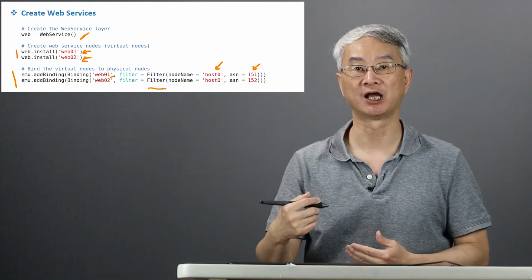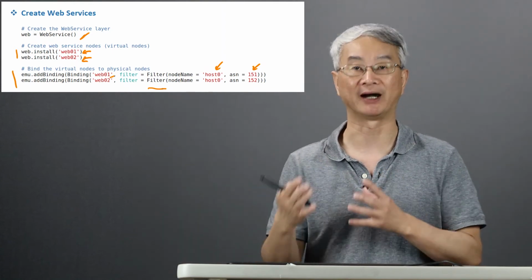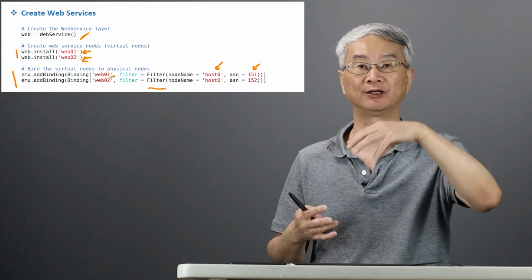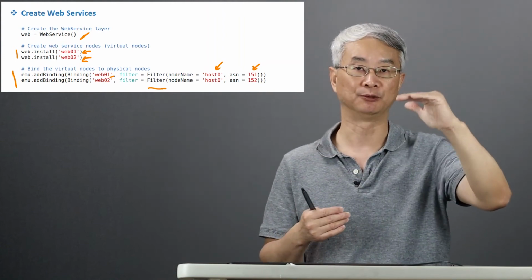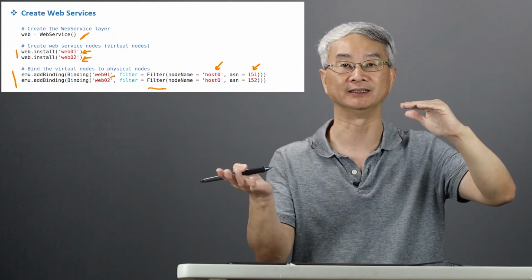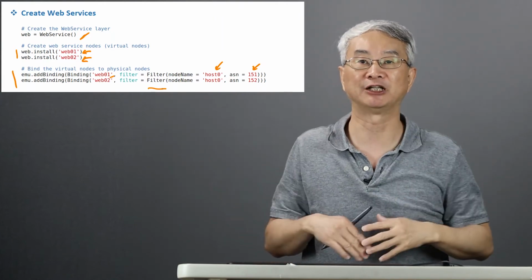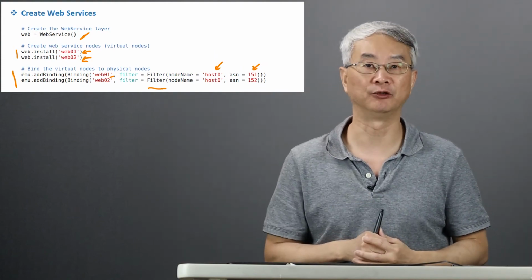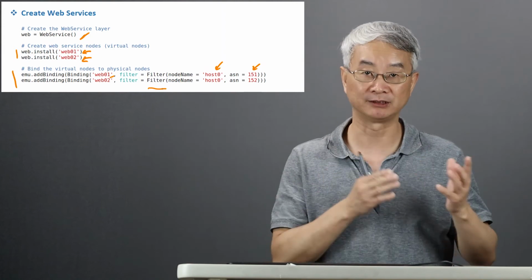In other videos, I will show you different kinds of binding. The binding is a very important feature of our project. We want to allow the user to provide different kinds of binding. For example, random binding. Sometimes I don't care where my service should be. Just find one node for me and bind it to that. We can support that.